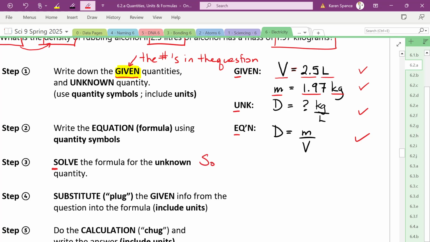When we solve, we want the unknown. Number 1, we want it on the top. We want it by itself.